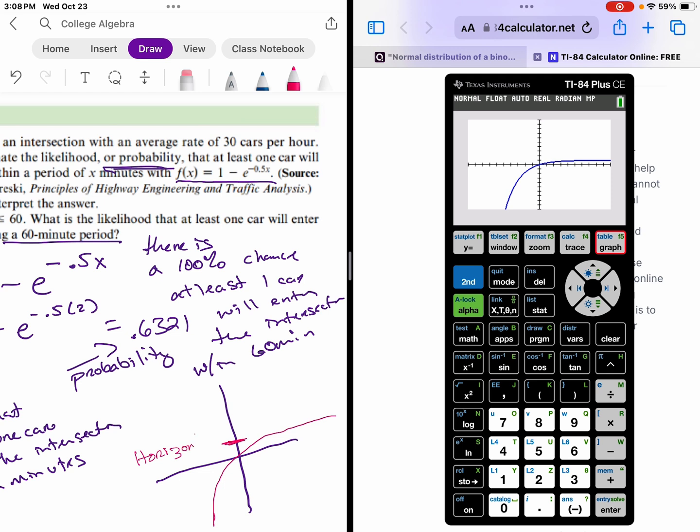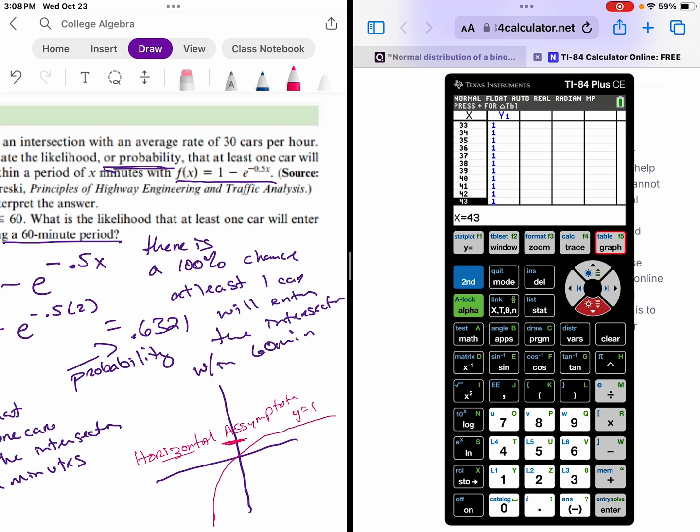Horizontal asymptote at y is equal to 1. And again, if we kept scrolling on the table, we would realize that it does not go above that. It just keeps getting closer and closer to 1. And if I put out more decimal places on this calculator screen, we would see that it would just keep being 0.9999999 as we keep going.